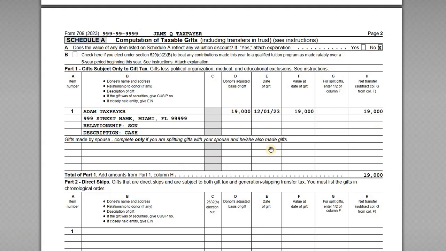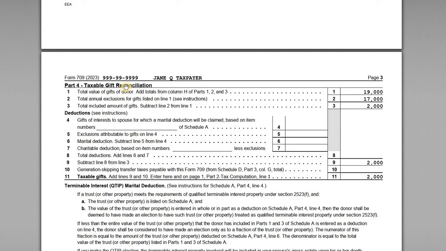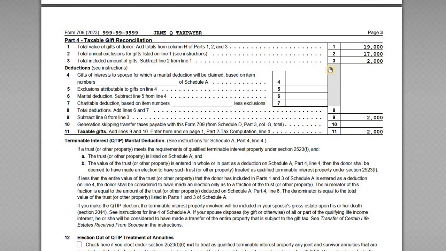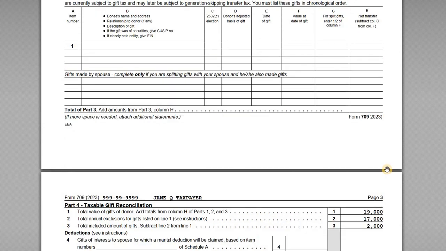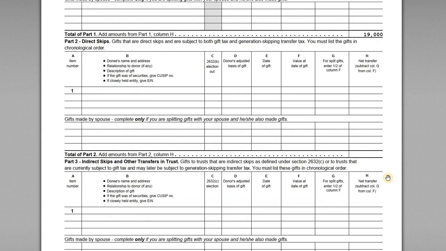Now, once all of the gifts are reported up in Part 1, we can go down to Part 4, where we have the taxable gift reconciliation. On line 1, we are adding up the total value of all the gifts of the donor. So we're going back up to page 2, and we're looking at columns H for Parts 1, 2, and 3. In Parts 2 and 3, we have nothing completed because they weren't applicable.